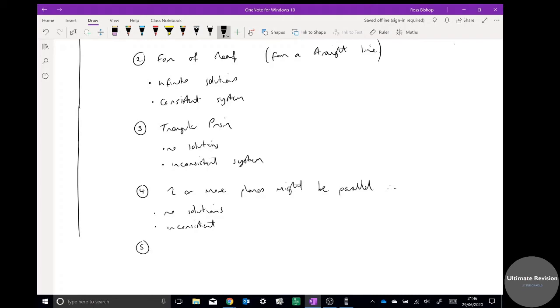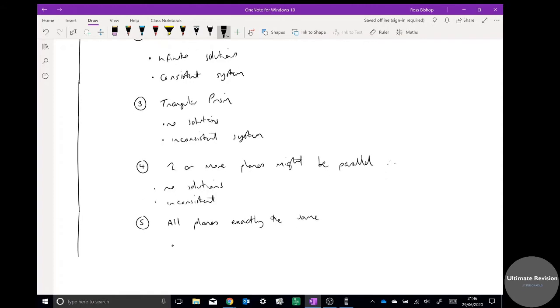Or finally, you could have all the planes exactly the same, and therefore infinite solutions. That will be consistent because there are infinite solutions there.